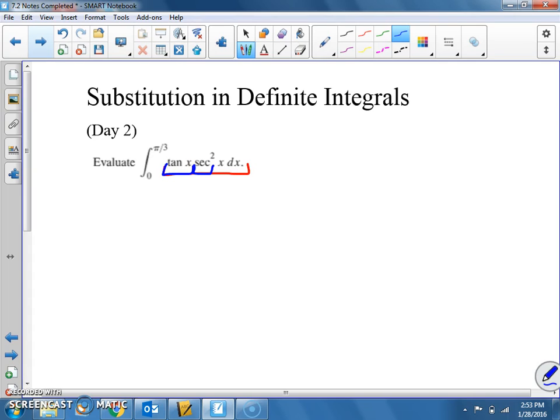No. But the derivative of tangent is secant squared. So the tangent can be my base function, or my u here. So u is going to be the tangent of x. And the derivative of u, du dx, that's the secant squared of x. So that accounts for everything right there, right?